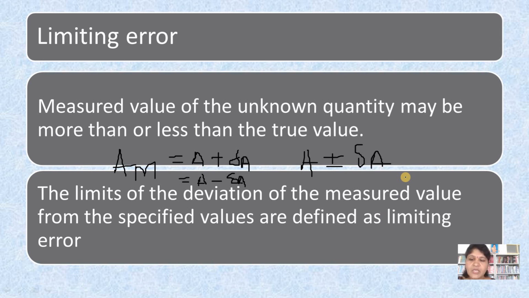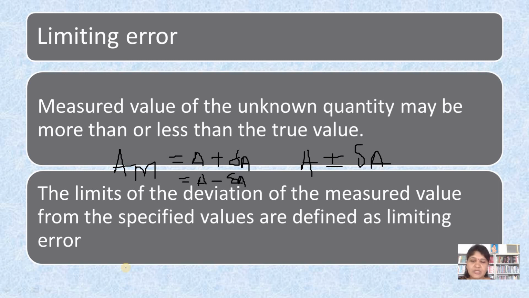So the definition of the limiting error is: the limits of the deviation of the measured value from the specified value are defined as the limiting errors. So these are the three ways in which we express the various errors in the measurement. One is absolute error, which is simply the difference between the measured and the true value of the quantity.